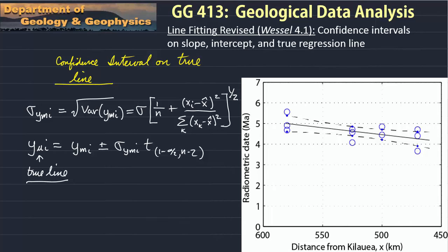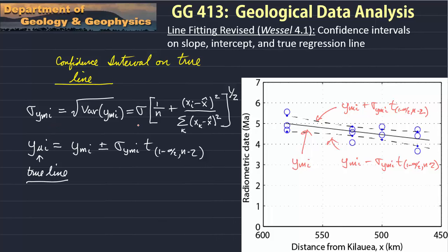Okay, so what I show here, the solid line is y m i, our best fit line, and this is y m i plus sigma y m i times t, and this is y m i minus our uncertainty. Okay, so this is the solution.